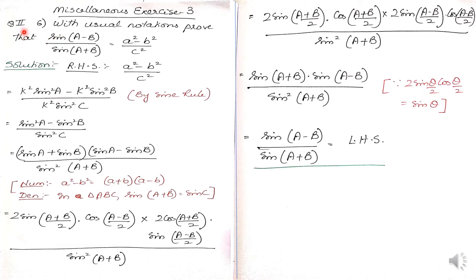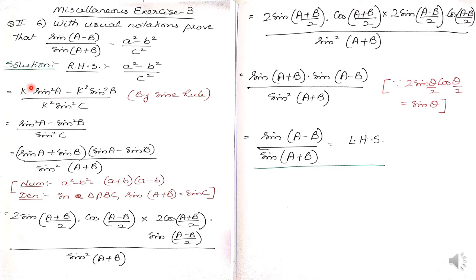So, in miscellaneous exercise 3, the 6th sum of question number 2. The question is, with usual notations, in triangle ABC, prove that sin(A−B)/sin(A+B) = (a² − b²)/c².